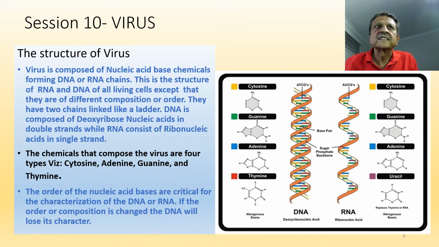The virus is composed of nucleic acid based chemicals forming the DNA and RNA chains. This is the structure of the RNA of all living cells, and the RNAs and the DNAs are of different composition.